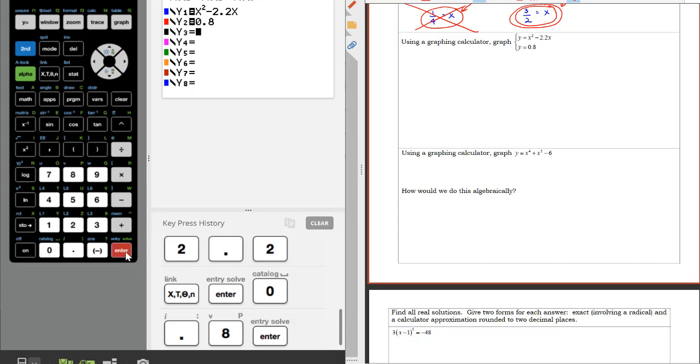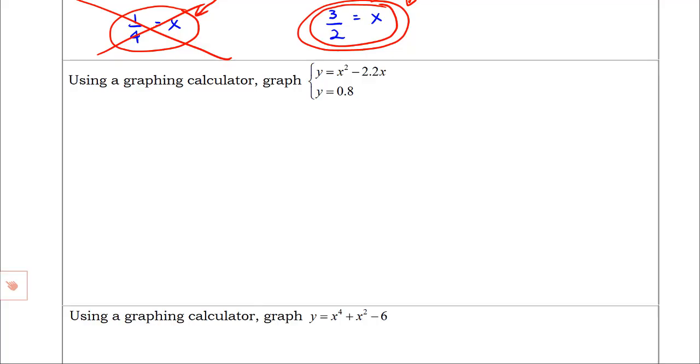Enter. Okay? And so really, what they're doing is if they both equal y, they equal each other. So they're really doing this, aren't they? But in a different way.